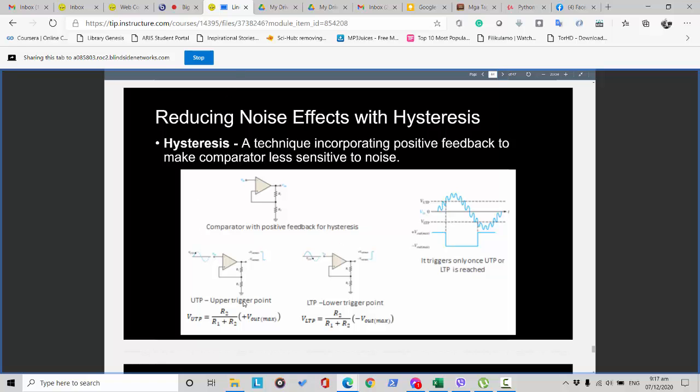Now for the upper trigger point in this illustration, we have the following formula.